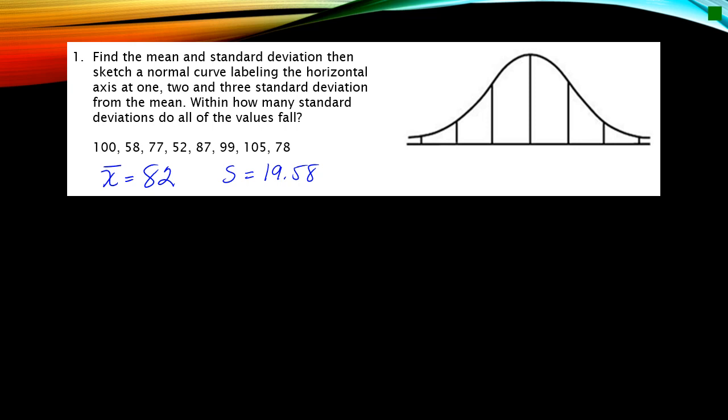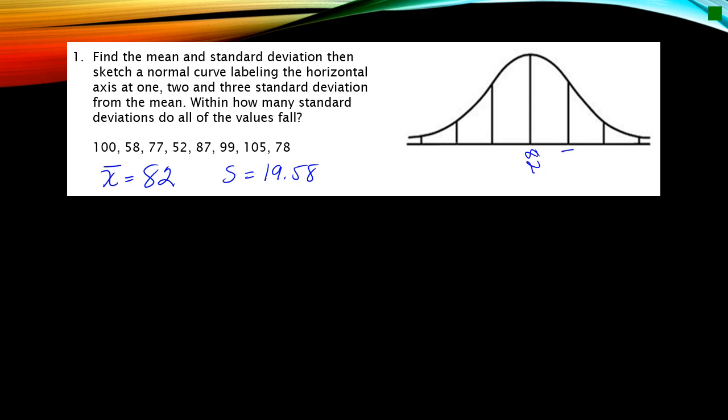So the first thing I'm going to do is label my normal curve. I'm going to put the numbers on that bottom axis so that I can figure out where all of my numbers would actually fall. So the mean is 82. If I'm going up, I'm going to be adding 19.58 each time.